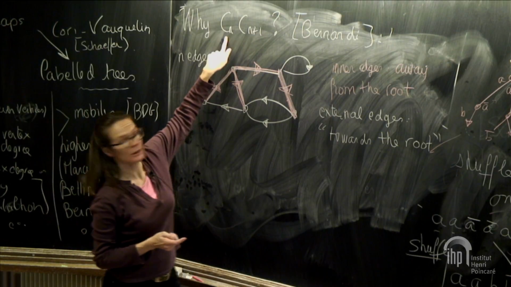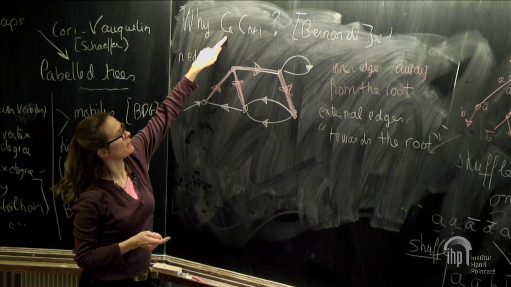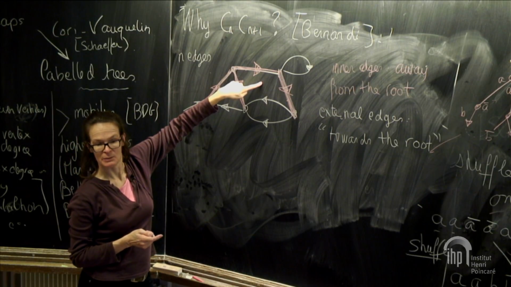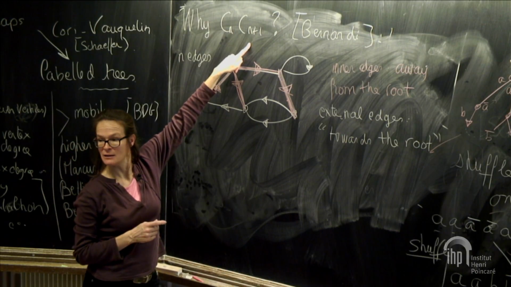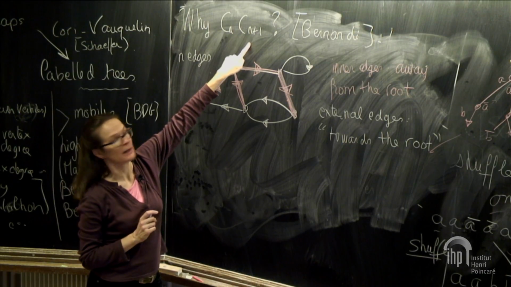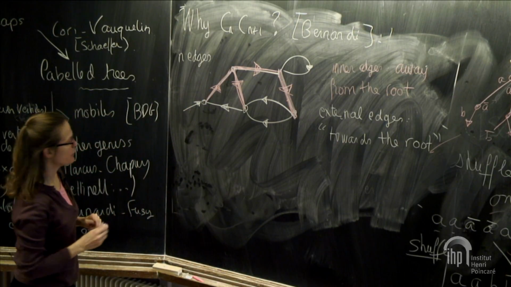Now I want a tree with n edges. That is, I want every edge of this map to become an edge of the new tree that I'm going to build. And then I'm going to build something else, which will be a non-crossing partition in this case, and which explains the other Catalan number. So first, the tree.